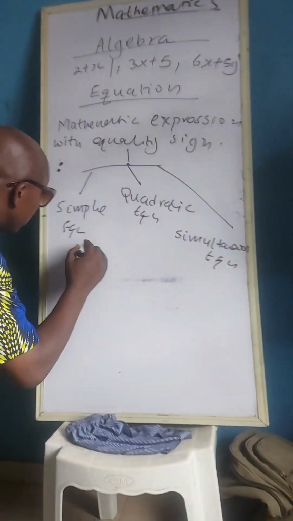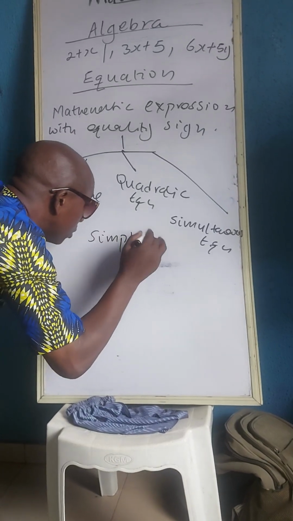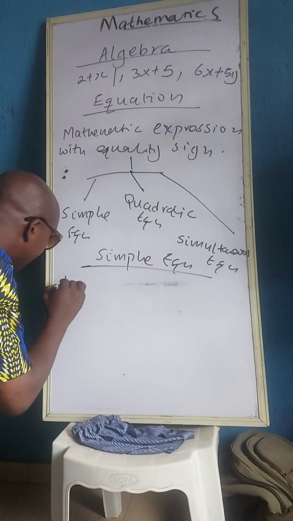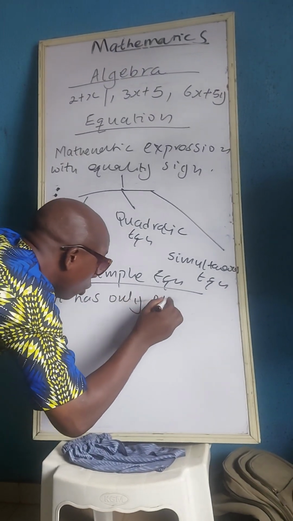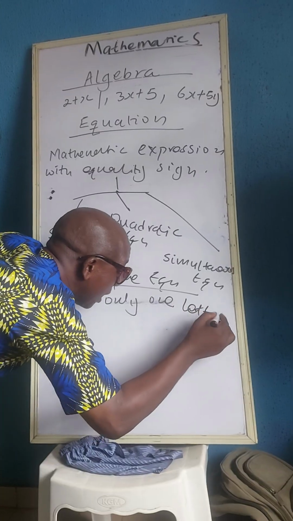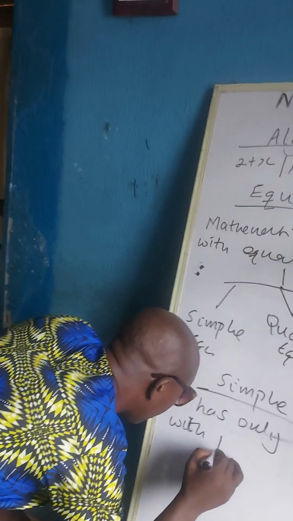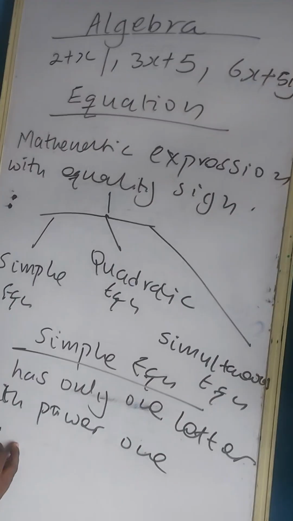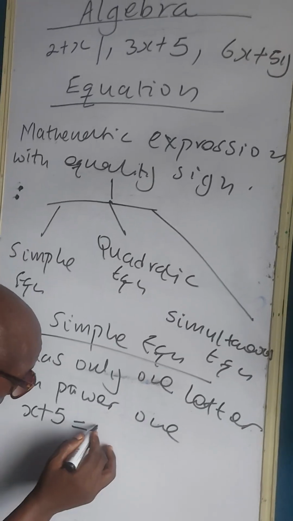Simple equation: it has only one letter with power 1. For example, x plus 5 equal to 0.